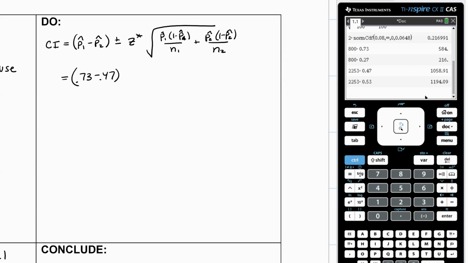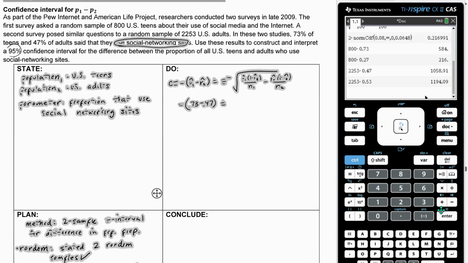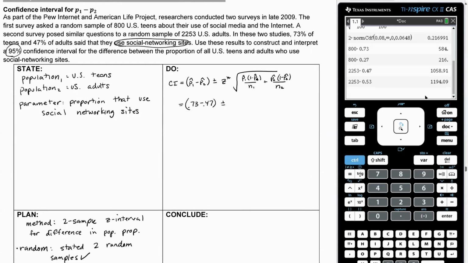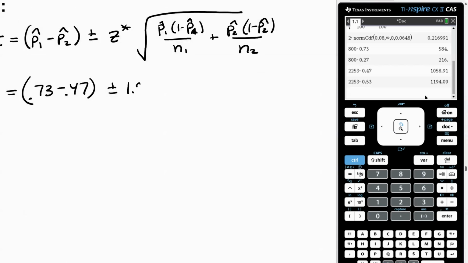There's our difference in proportions, plus or minus z star. And let's double check. They want a 95% confidence interval. So we know that z star value very well. That is 1.96 times 0.73 times 0.27 over 800 plus 0.47 times 0.53 over 2253.